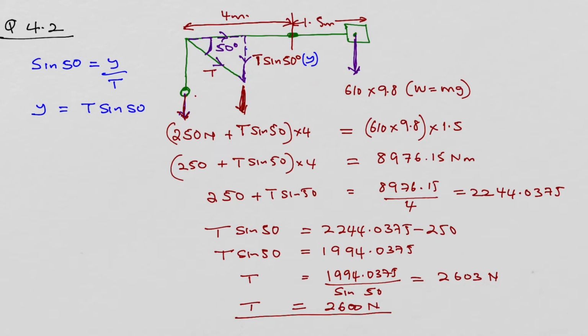Applying the principle of moments, the sum of the clockwise moments is equal to the sum of the anticlockwise moments. The clockwise moment would be 610 times 9.81, because that's the gravitational field strength times the mass, and then times 1.5.